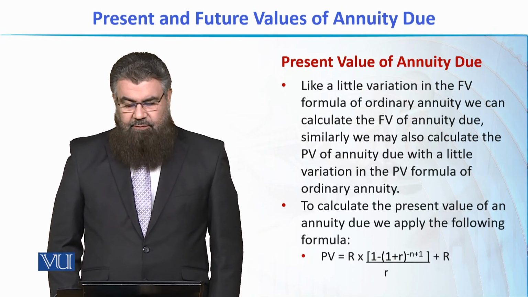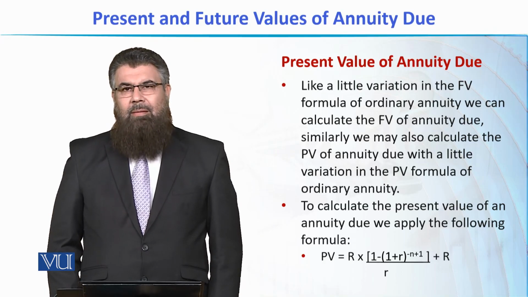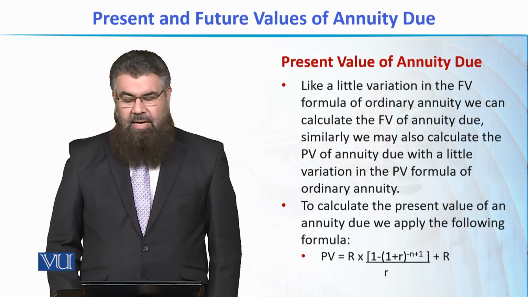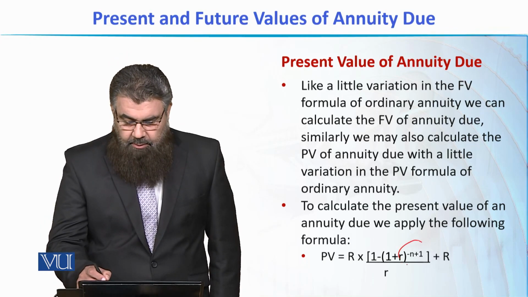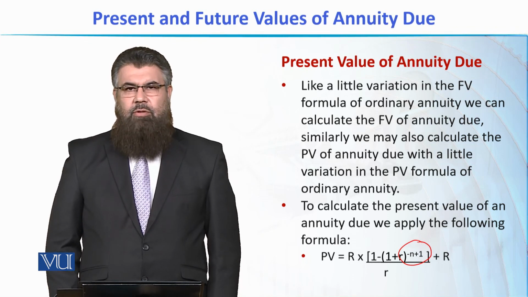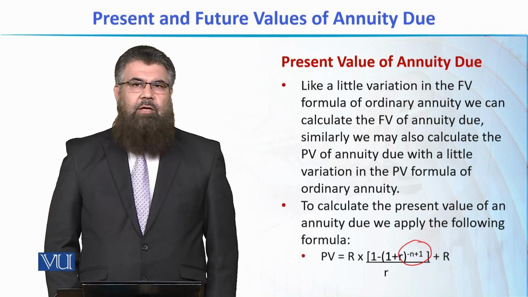If we have a look at this formula, we see that instead of having the number of installments as n, we have taken minus n plus 1, which means that if we add positive 1 to a negative value, that will reduce that value by 1.